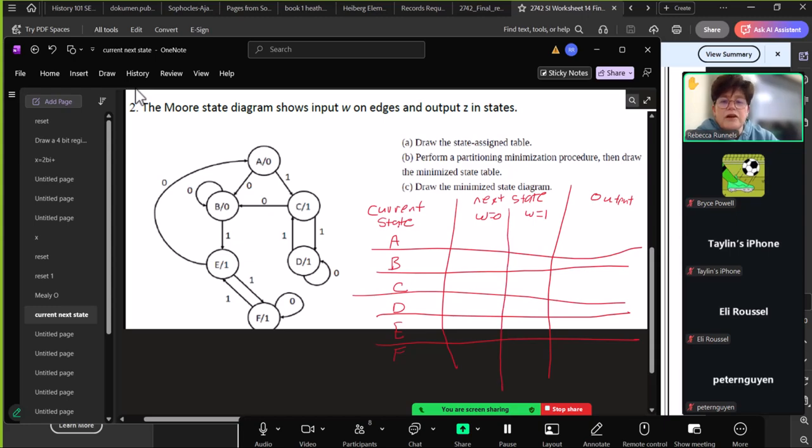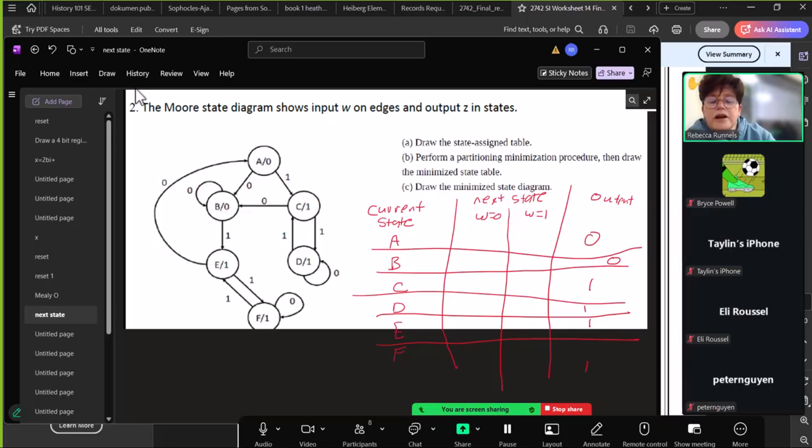Okay, so output for A is 0, output for B is 0, output for C is 1, output for D is 1, output for E is 1, and output for F is 1.